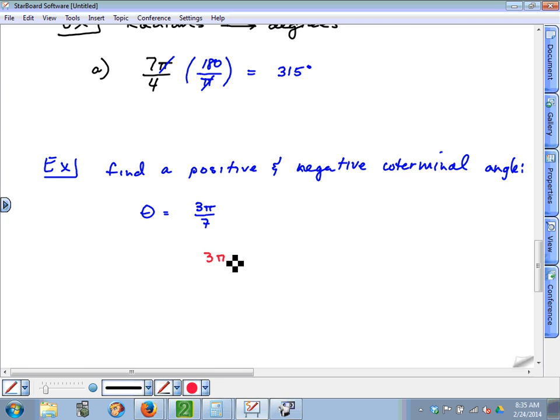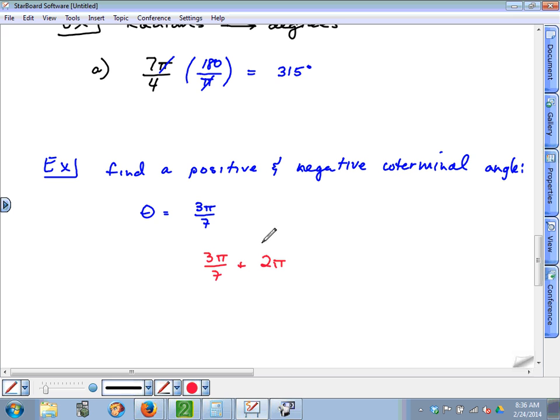So I'm going to take 3 pi over 7 and add 2 pi. That will give you a positive coterminal angle. As long as you guys can add fractions, which by now I hope you can, even without calculators, this shouldn't be a big deal.